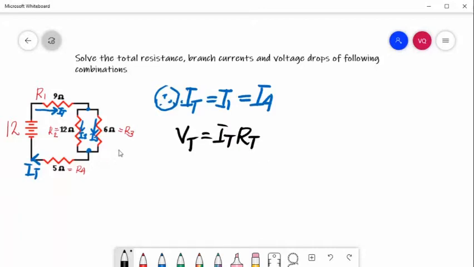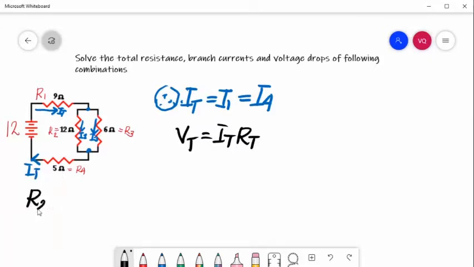Examine your circuit: R2 and R3 are connected in parallel, diba? And after the combination of R2 and R3, it will become one resistor, R23. And your R1, R23, and R4 will be connected in series. So let's try to solve first your R23.